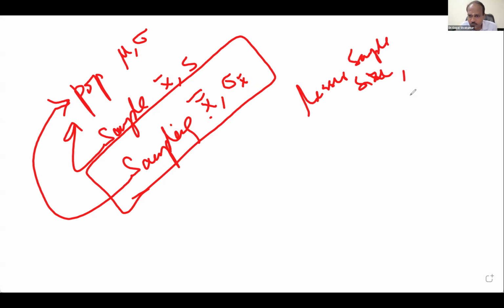There is a theorem I told you, the central limit theorem. You know what this theorem is telling you? The tendency of sample averages, of the possible sample averages, to exhibit normality is very high. It only depends on the sample size. That's all. If a sample size of 2 is not helping you, go for 3. If 3 is not helping you, go for 5. At the maximum, 25.